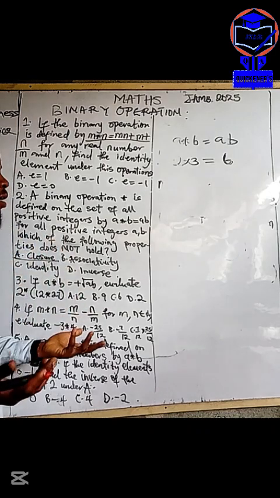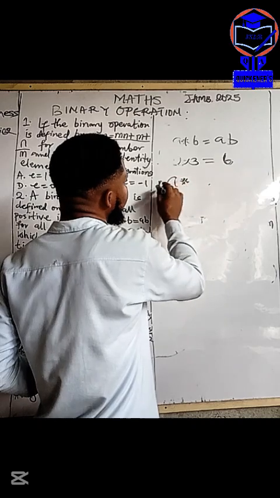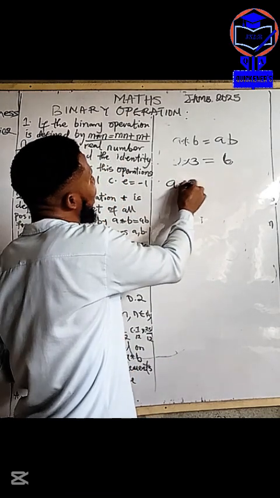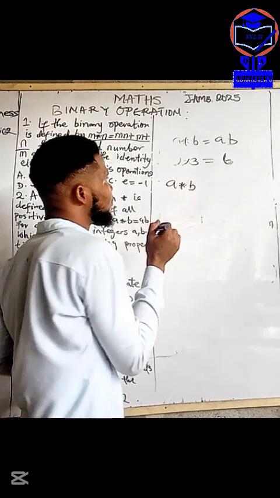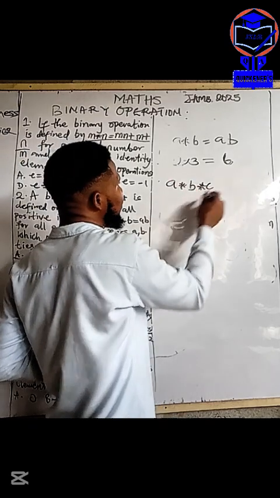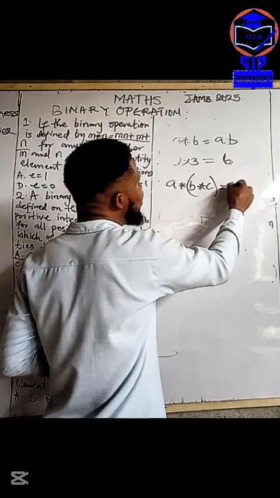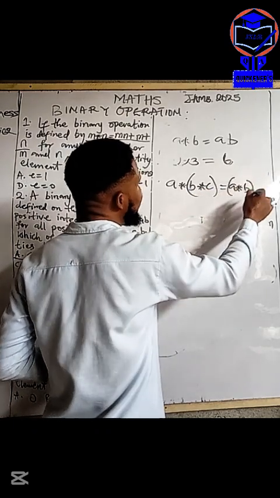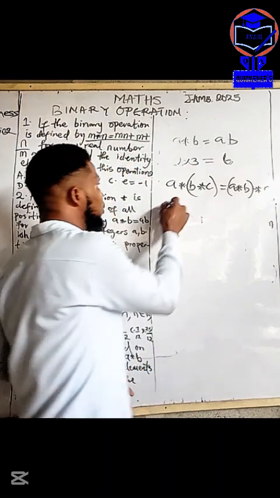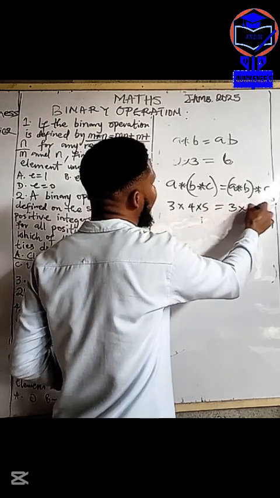Associative. Yes, multiplication is associative. If I have A operation B, then operation C, it's still going to give me the same answer as A operation the result of B operation C. How do I know? 3 times 4 times 5 is still the same as 3 times 4 times 5.